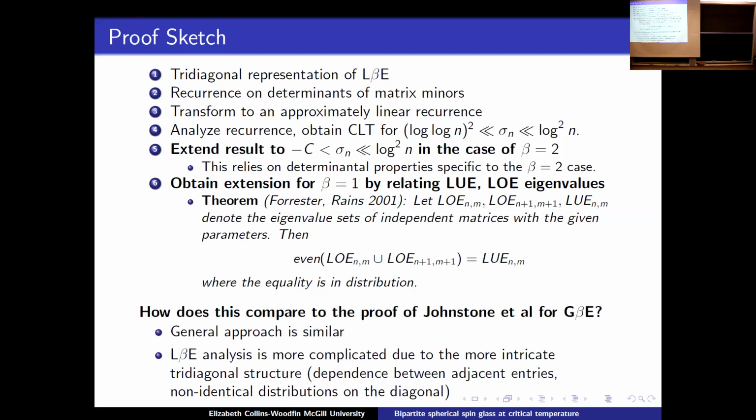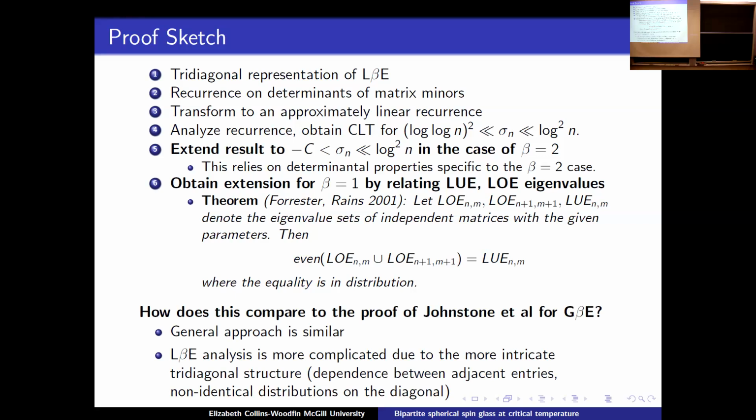These techniques were based on what we saw in the paper of Johnstone et al. that they were doing for the Gaussian beta ensemble. So it's a similar approach, this kind of set of steps. What's different is that the Laguerre beta ensemble is more complicated to analyze due to the tridiagonal structure.